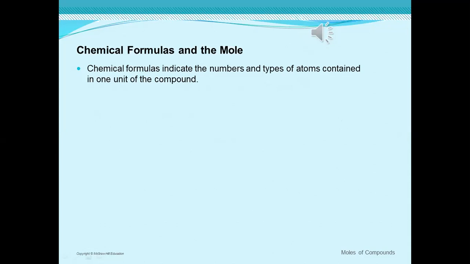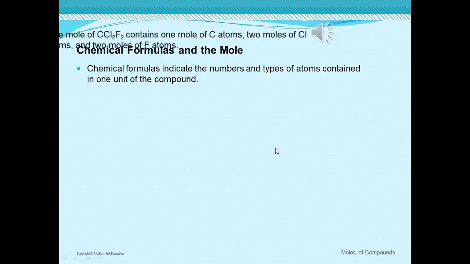Can you repeat it again, Gurney? Chemical formulas indicate the numbers and types of atoms contained in one unit of the compound. Yeah, good. Mazen? Chemical formulas indicate the numbers and types of atoms contained in one unit of compound.